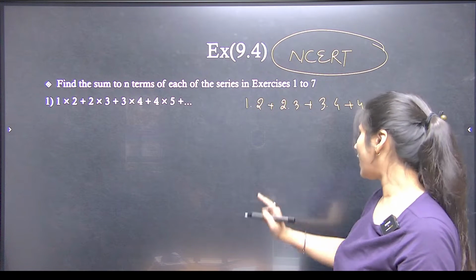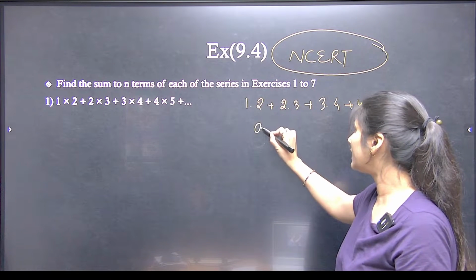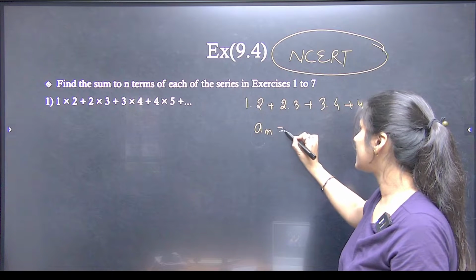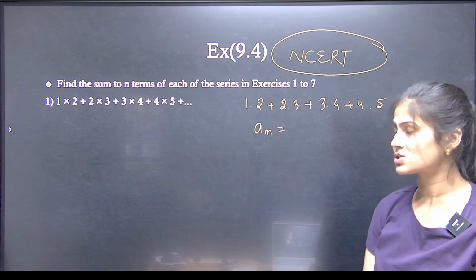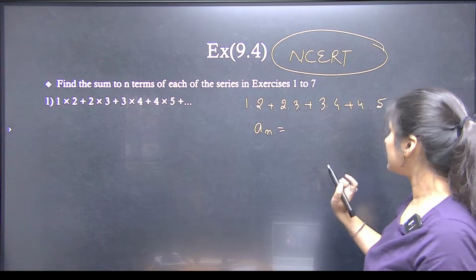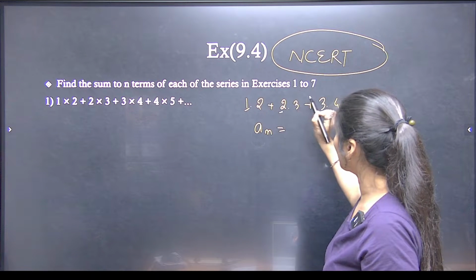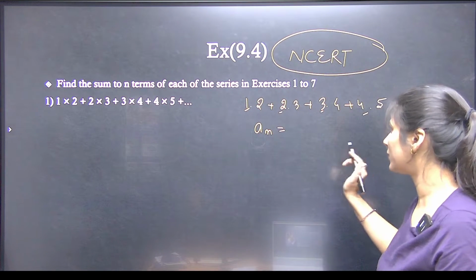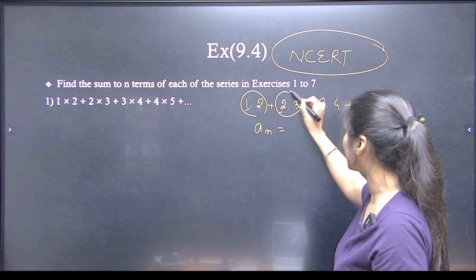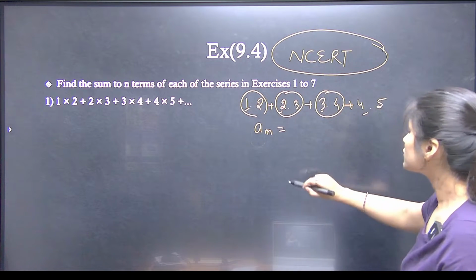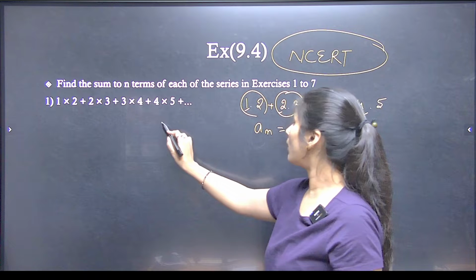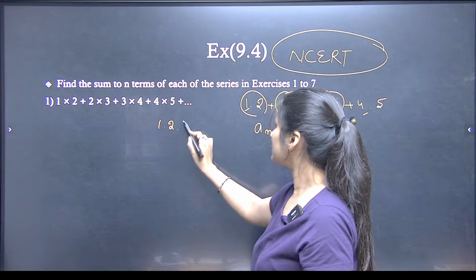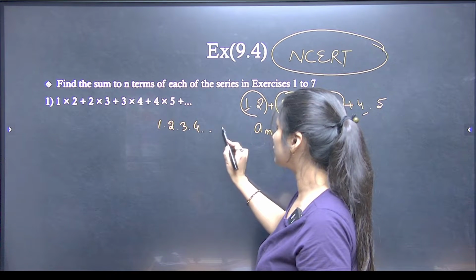So see, what we have to do here is find the nth term of this series. First of all, see that the first terms are 1, 2, 3 in each group. This is the first group, this is the second group, this is the third group. So the first elements are 1, 2, 3, 4, and it goes on like this.